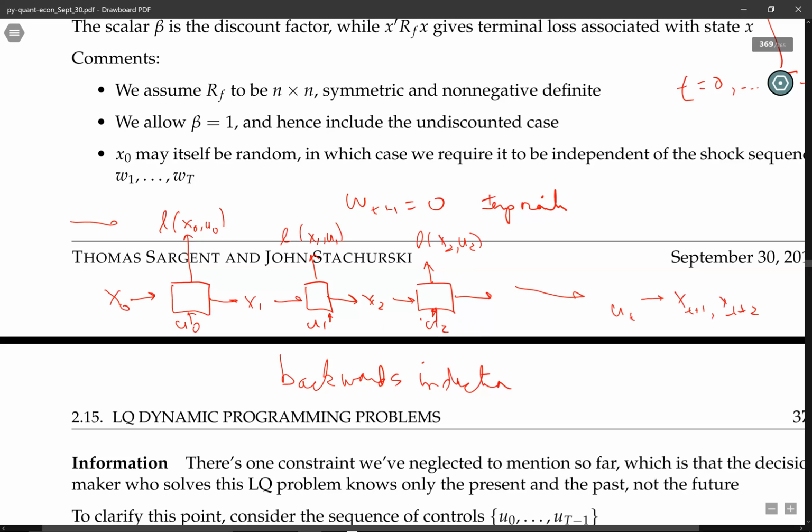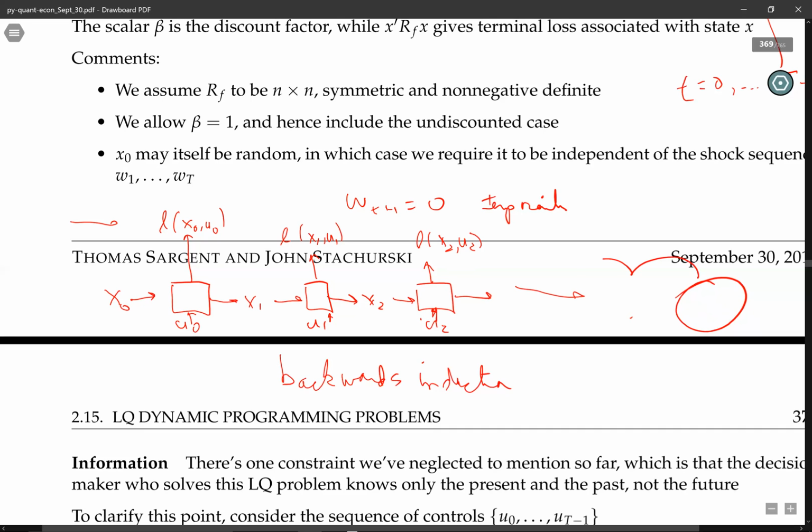And Richard Bellman said, well, if I'm going to solve this problem, I'm going to work backwards. The system kind of naturally goes forward this way. Richard Bellman said, what I'm going to do is I'm going to start at the end, and I'm going to solve for the last u as a function of the x that I was brought in, figure out what that should be, stare at that, and then work backwards.